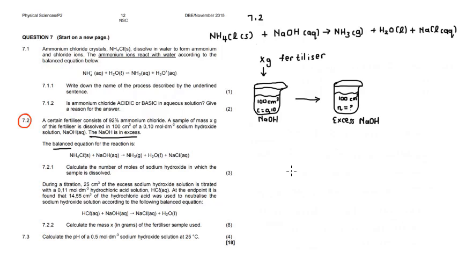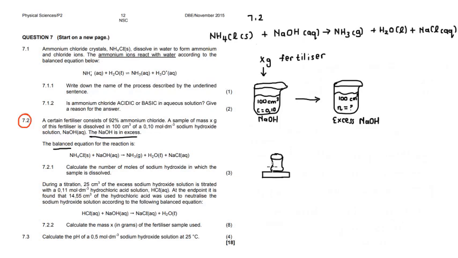From there, what they did is take only 25 milliliters of this excess solution. So now we're going into the titration, and I'm going to try my best to represent this. In this conical flask, we have 25 centimeters cubed of this excess sodium hydroxide.